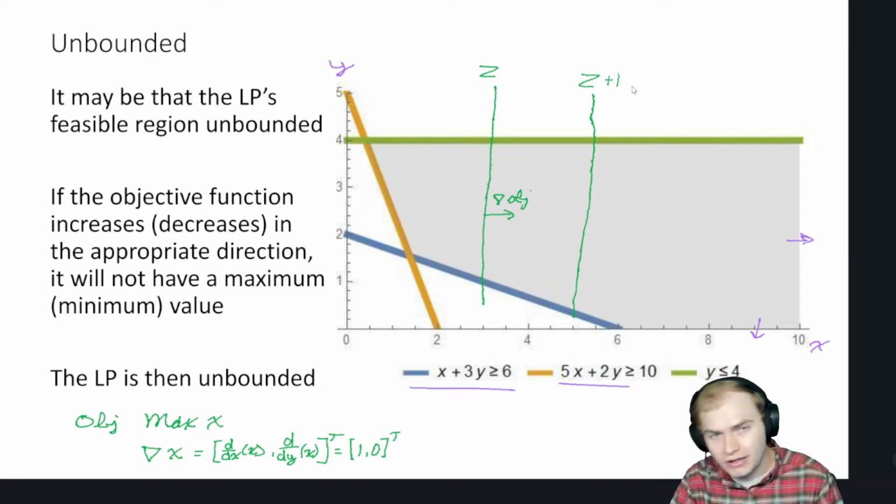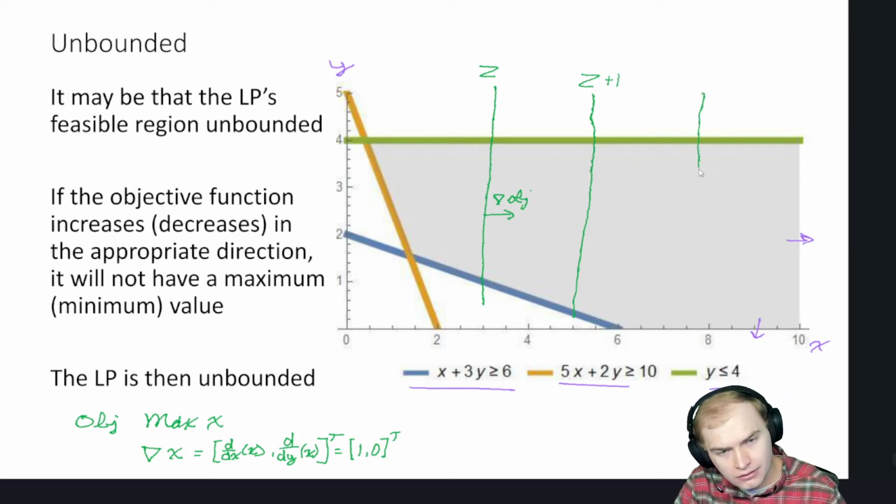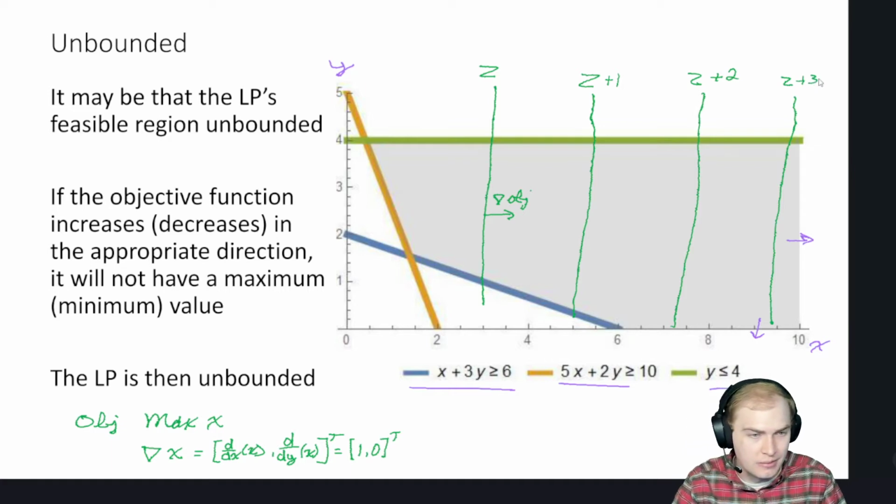That's going to be z plus something. So z increases in this direction. And it continues to do so. And through just basic common sense, we can see that, in fact, it will continue to increase forever in that direction, and our feasible region allows it to continue to increase in that direction.